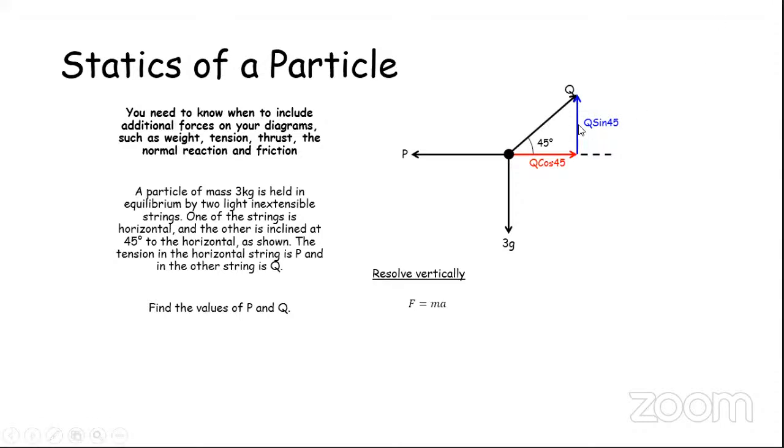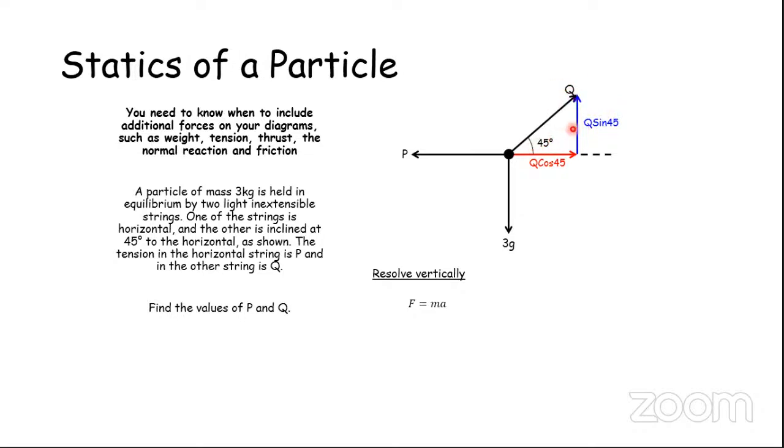So if we have a particle here, and the particle is being acted upon by a number of forces, for example P and Q. The Q is at an angle of 45 degrees to the horizontal, so we get the vertical and horizontal components of this force.